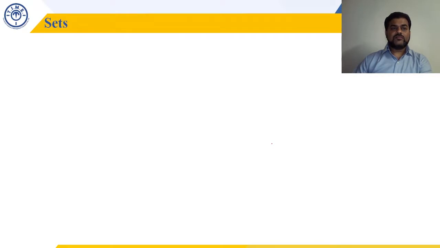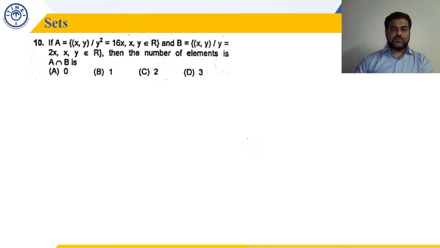Let's move ahead. This is another example. Now this is slightly different because in this case, set A has elements in the form x comma y. So we have the set A in which each element is a pair, x comma y. Now what is the relationship? y square is equal to 16x, and x and y belong to real numbers.